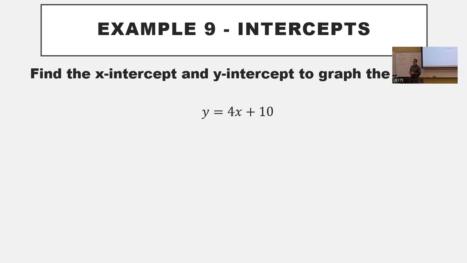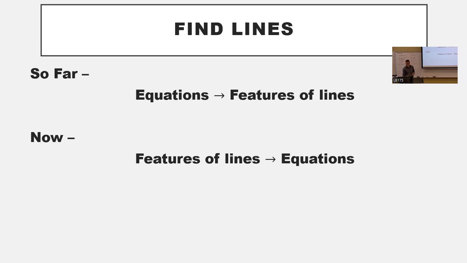Direction of the line, we're talking about rate of growth or rate of decay. Y-intercepts may mean starting values. X-intercepts may be where we get to 0, break even. All right.